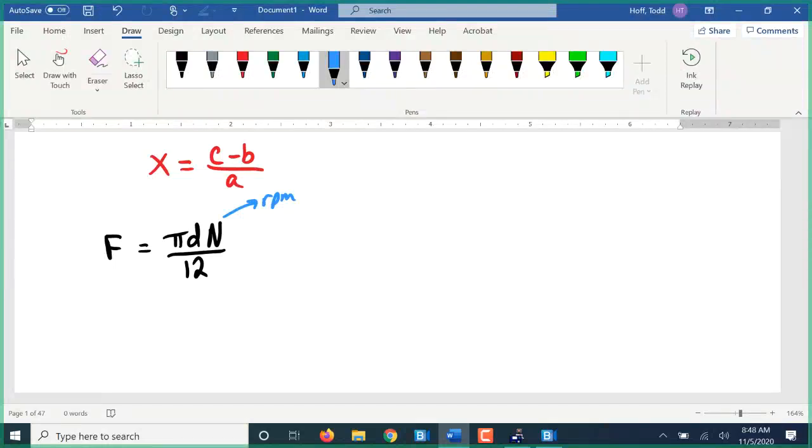Well, often we don't want to just set the RPMs and then calculate what the surface cutting speed is going to be. We want to know what RPM is needed to give us a desired surface cutting speed. So we would want to solve this for N.